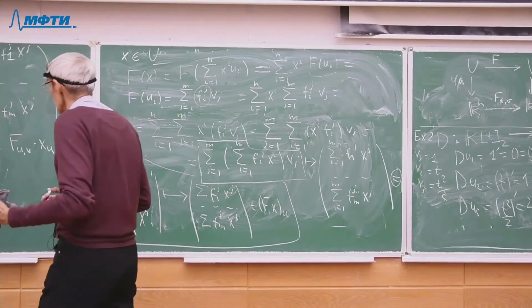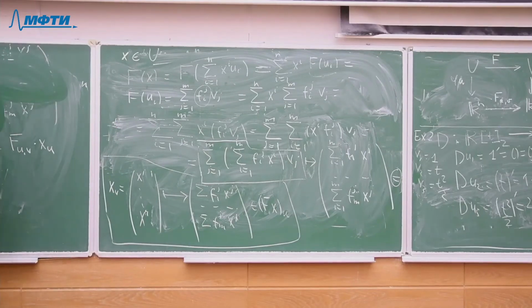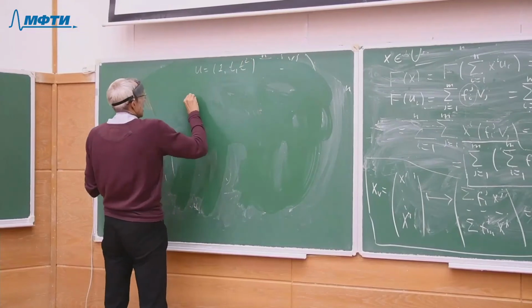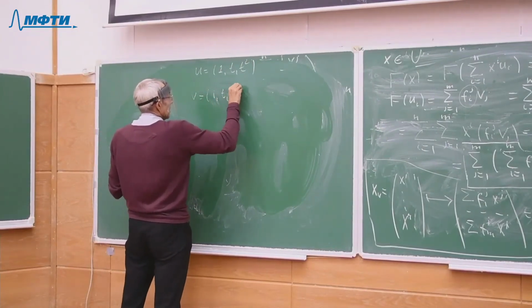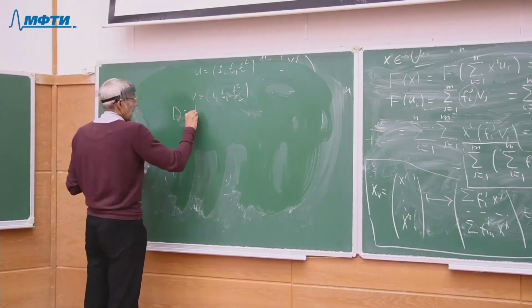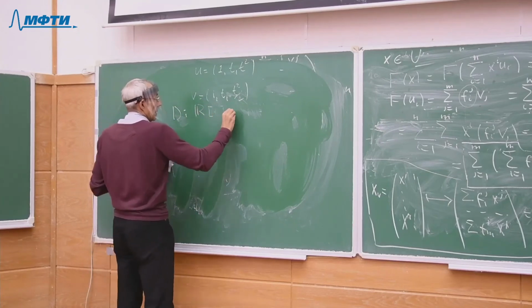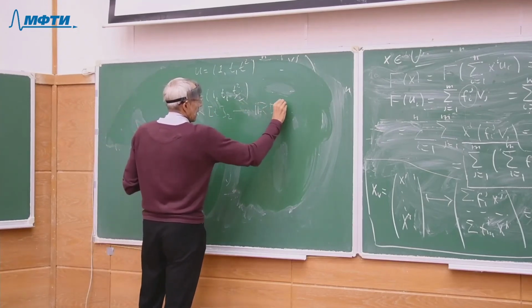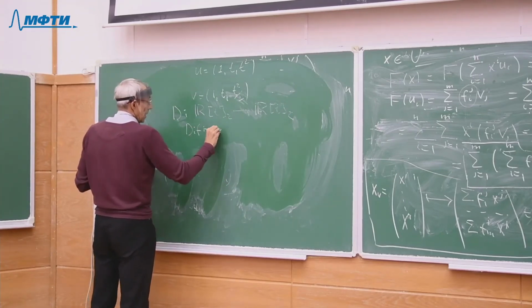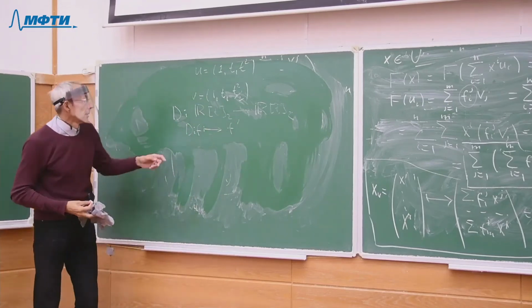The answer is the following, on the blackboard. We have two bases, u1 t squared, and v1 t squared over 2. And we have a linear operator defined by the following rules. D is a derivative.